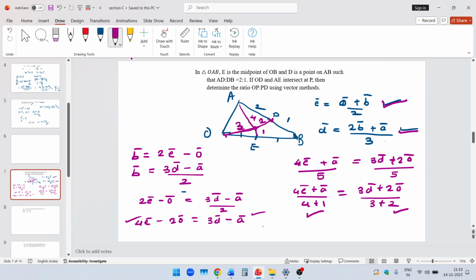So this point is none other than point P. The question they have asked is to determine the ratio OP to PD. So I can clearly see OP to PD is 3:2. That is the answer.